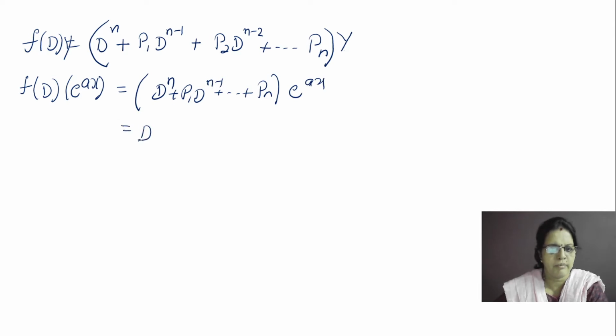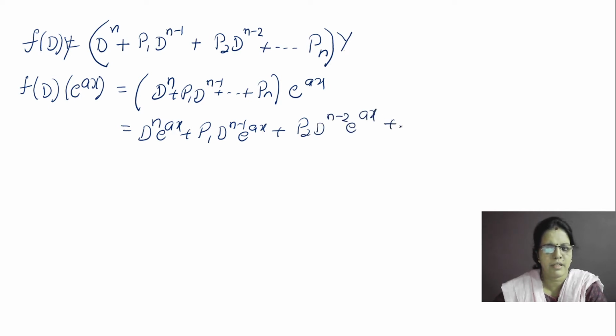But this is nothing but D^n of e power ax plus p1 into D^(n-1) of e power ax plus p2 into D^(n-2) of e power ax plus etc., plus the last but one term pn minus 1 into D of e power ax, plus the last term, which is just pn, a constant, into e power ax. Just now we got the formula: the nth derivative of e power ax is a power n into e power ax.